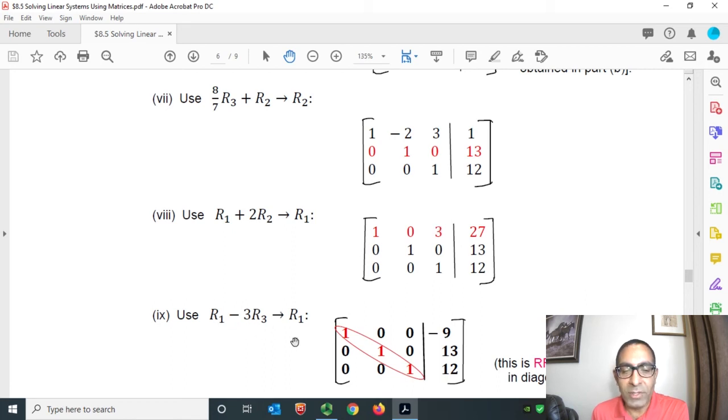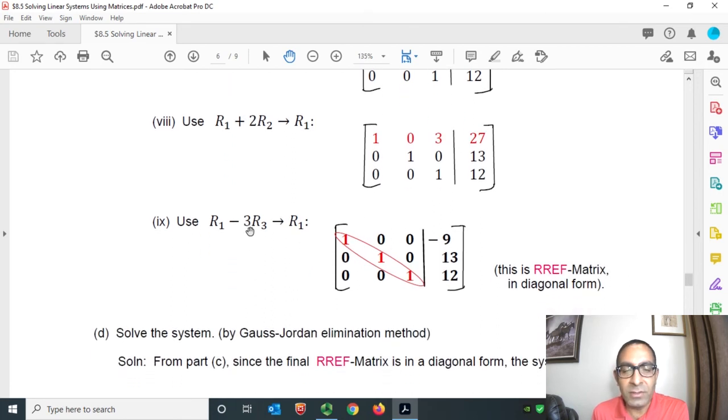We use these operations, and we will get the final matrix, all the diagonals 1 and all other entries in the coefficient matrix 0s. Then this augmented matrix is called the matrix in reduced row echelon form. So we're done. I hope this makes sense to you all.